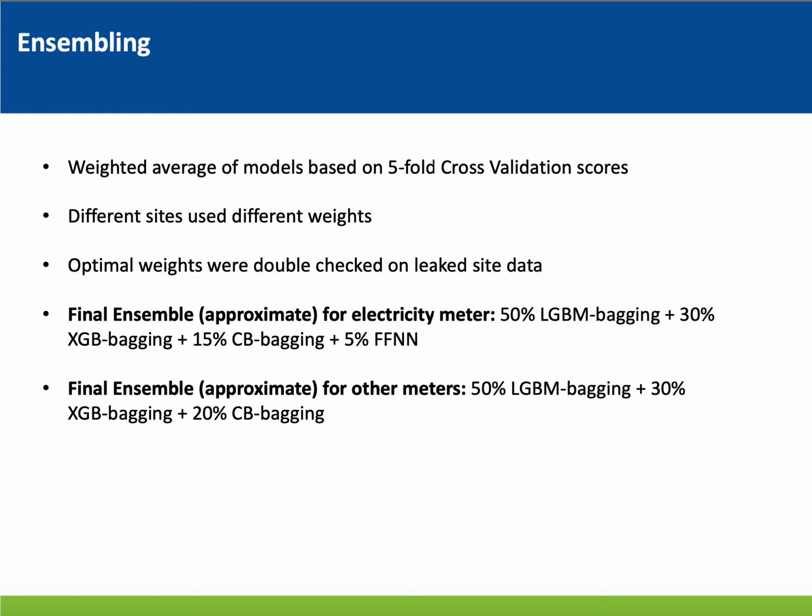So the bulk of our predictions came from the LightGBM models, which was 50%, and the other half was split amongst XGBoost, CatBoost, and a small percentage was given for the feed-forward neural network. Similarly, for the other meters, it's the same proportion, except that the 5% from the neural networks went to the CatBoost models.